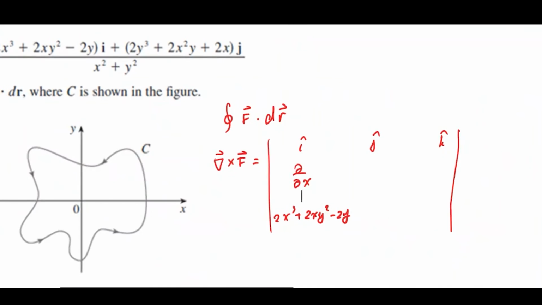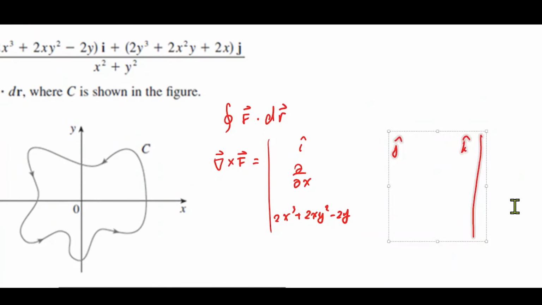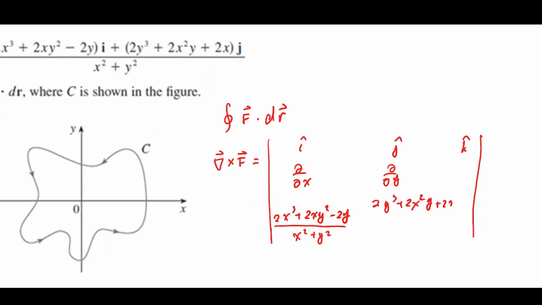And with respect to y, I'm going to need a whole lot more space than these. So let's write that. That's the partial with respect to y. And then I have this thingy, over x squared plus y squared, of course. 2y cubed plus 2x squared y plus 2x over x squared plus y squared. And then, making a little more room.